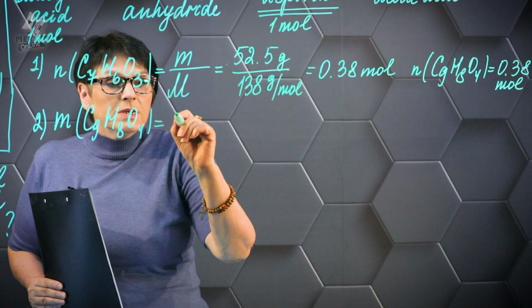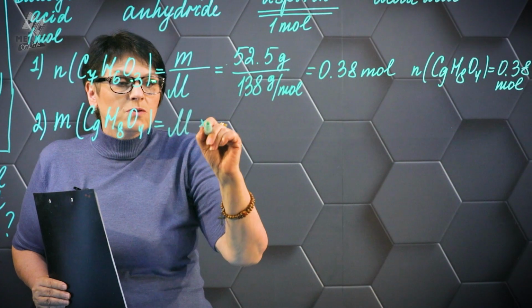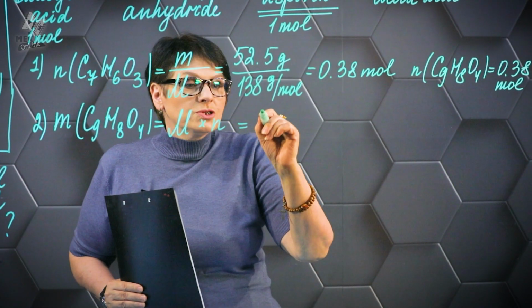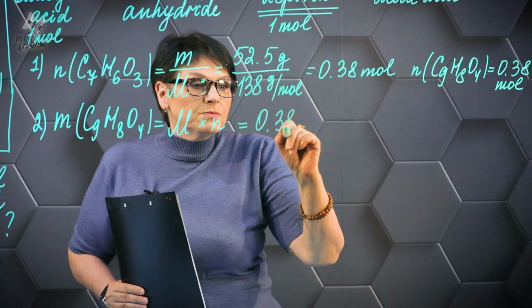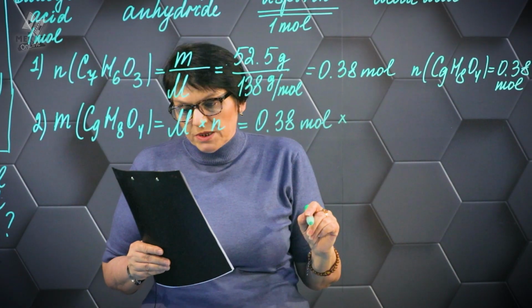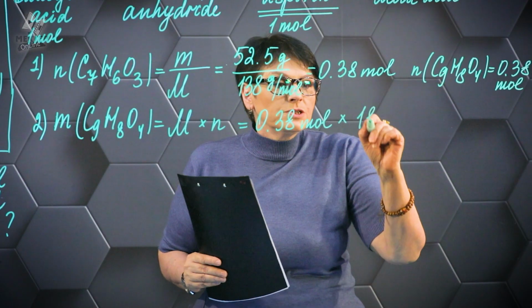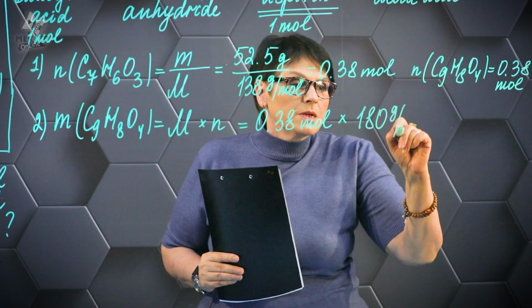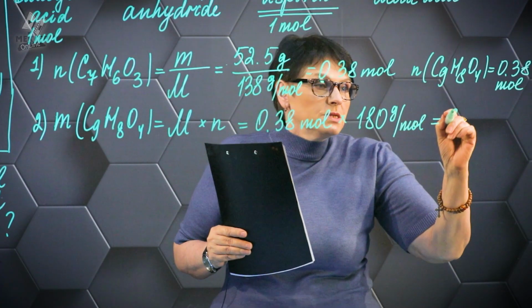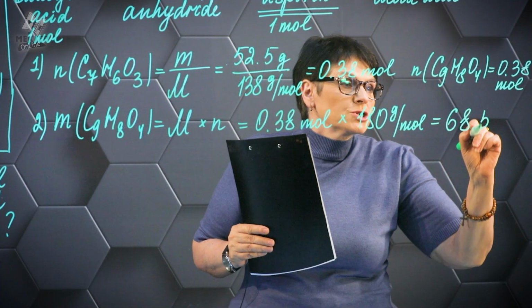For this, we multiply the amount of aspirin, 0.38 mole, by the molar mass of aspirin, which is 180 grams per mole. So we should have 68.5 grams of aspirin if there were no loss.